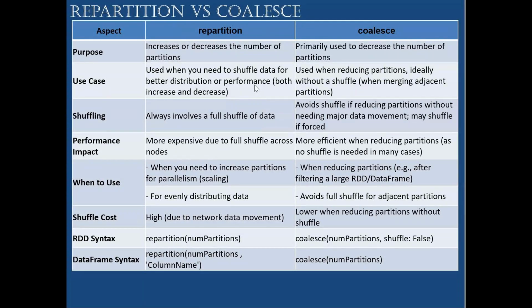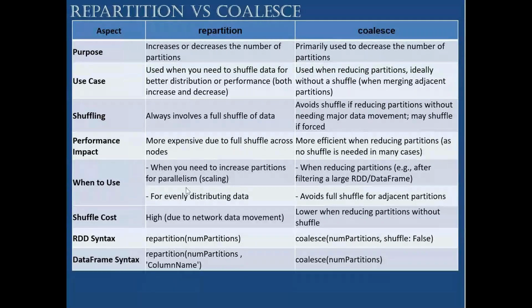If I want to reduce the number of partitions with very little or no shuffling, you can go for coalesce. Repartition always does a full shuffle, whereas coalesce reduces the shuffling. Performance impact: repartition is more expensive due to the full shuffle, while coalesce is more efficient when reducing partitions.